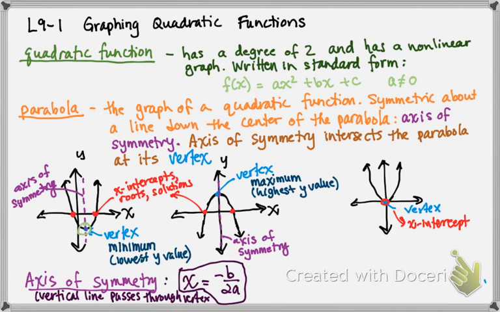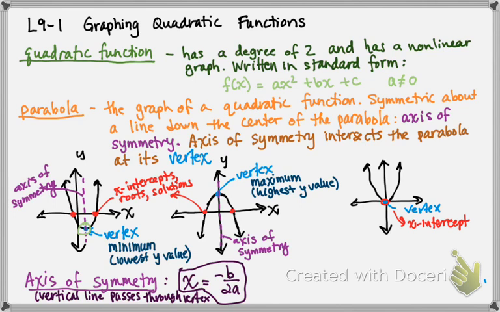Okay, so here's the interesting thing. Not only is the axis of symmetry passing through the vertex, it actually can help me calculate the coordinates of the vertex. Pretty important.